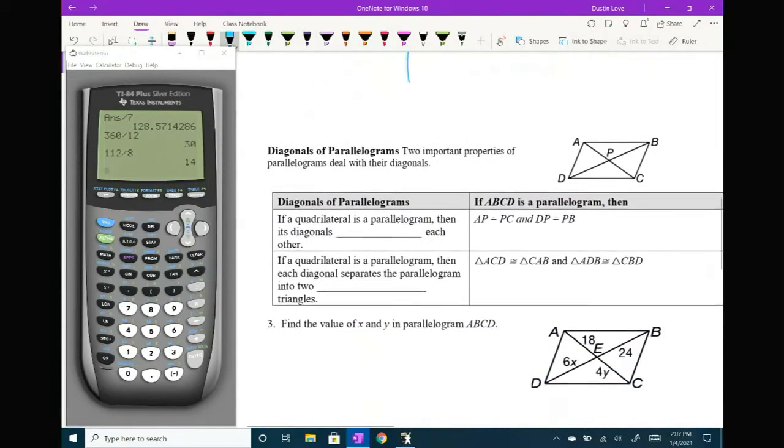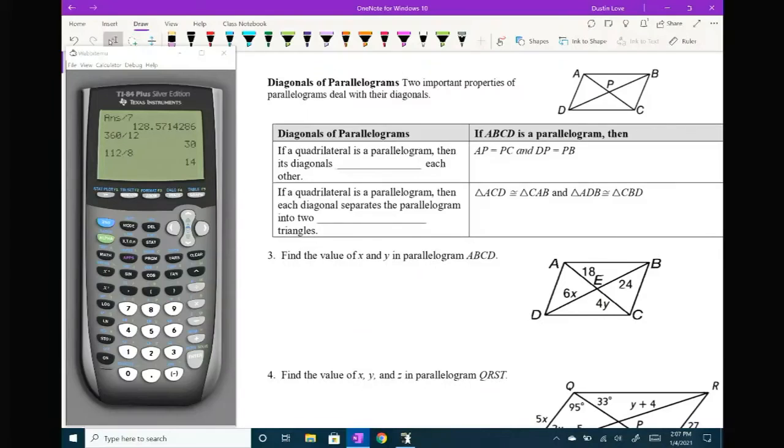Okay. Now, not only do we have special properties about sides and angles, the diagonals also have special properties. The first one is that the diagonals bisect each other. So what that means is AP equals PC and DP equals PB.